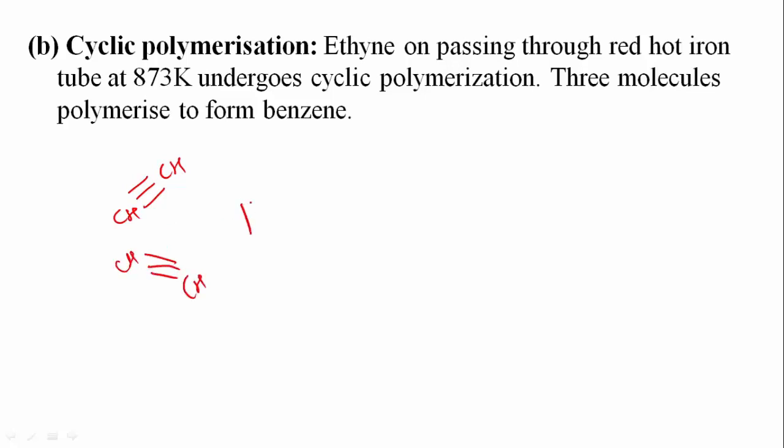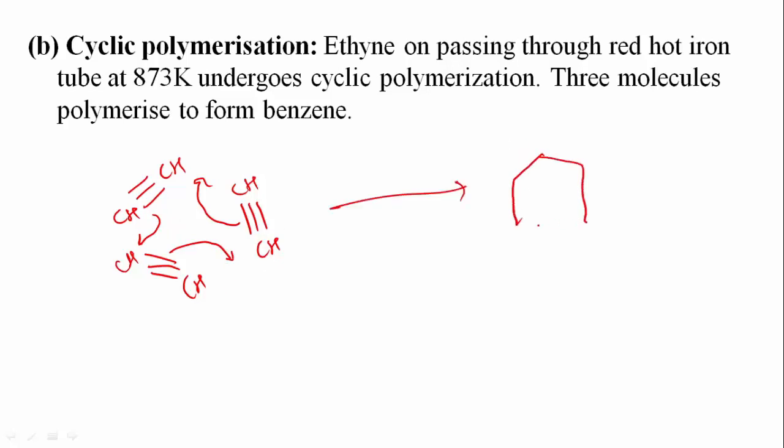When the three molecules undergo polymerization, here what happens is these pi bonds get shared between these two carbon atoms and hence form benzene. The benzene will be obtained due to the cyclic polymerization.